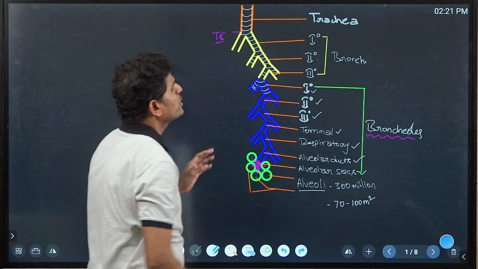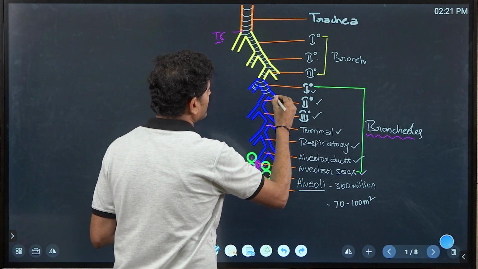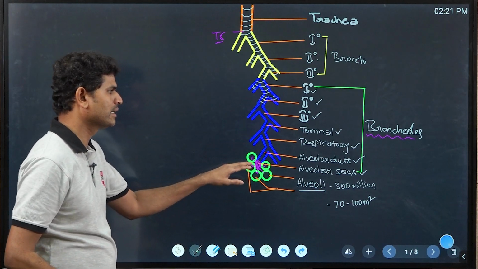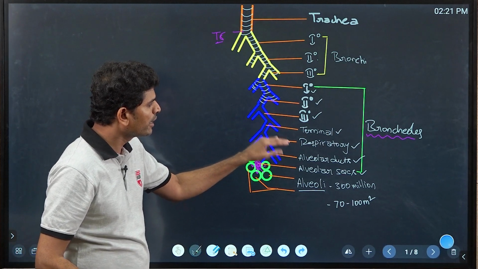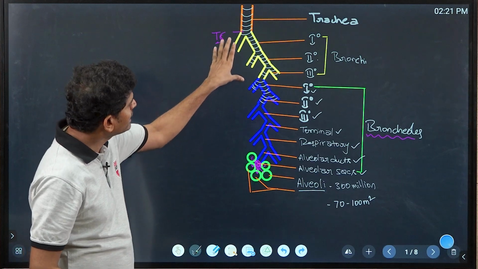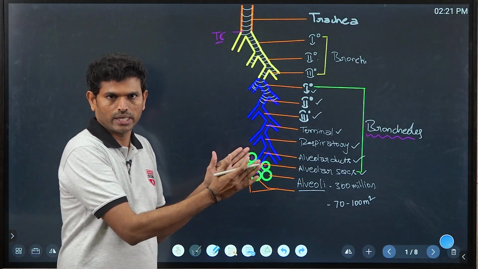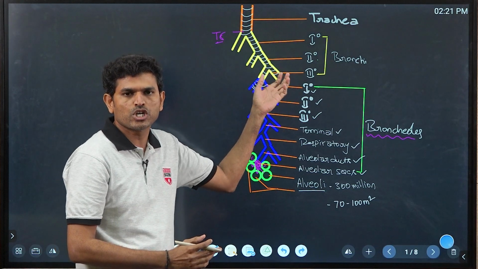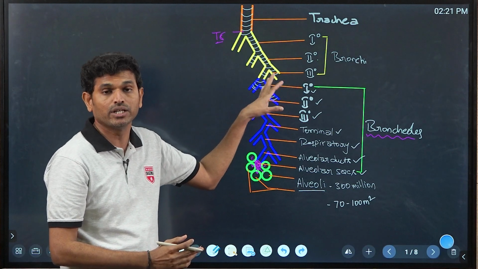Cartilaginous rings. Initial bronchioles means we may take primary or secondary bronchioles only, but not the tertiary bronchioles, terminal and remaining parts, because here the diameter is greater. That's why they are provided with these C-shaped cartilaginous rings, which are hyaline cartilage.